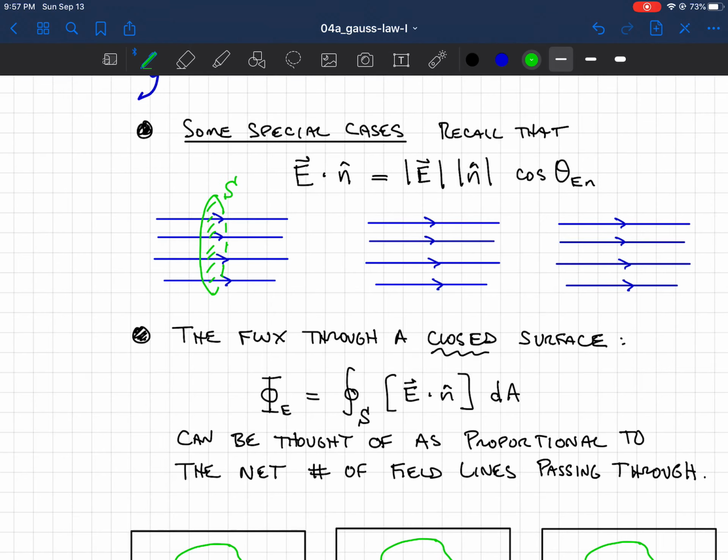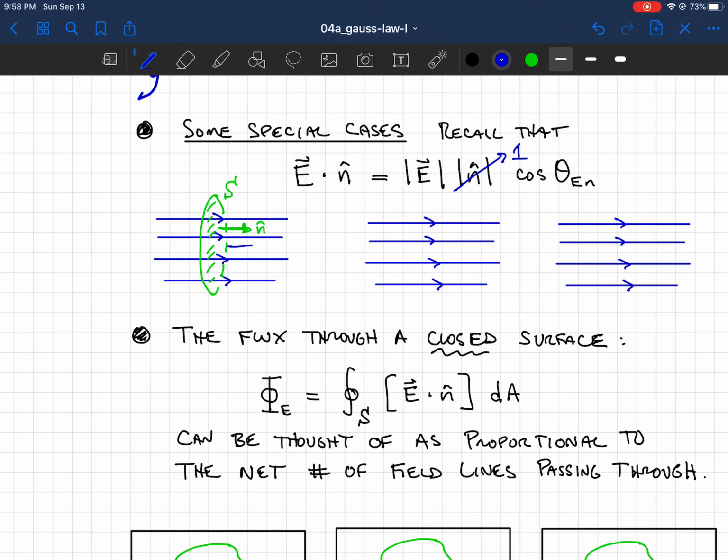And if it's perpendicular, then the normal vector to that surface at every point will point like this. So then we have E dot n, which is in general equal to magnitude E magnitude n, but remember magnitude n is 1 because it's a unit vector. So in this case, it will be E dot n equal to magnitude E times cosine of 0.